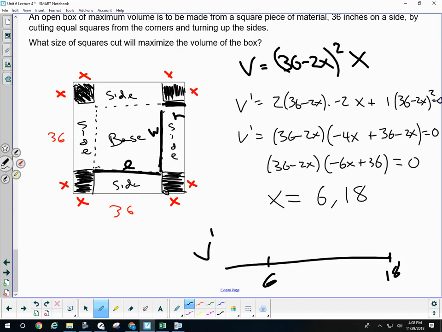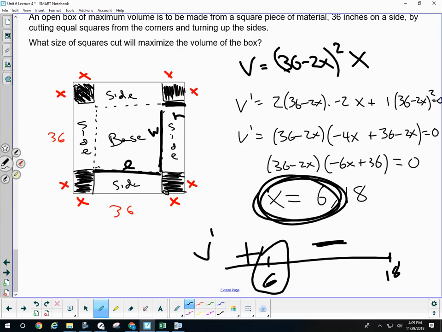If I plugged in something like 1, positive, positive, positive, if I plugged in something like 7, this would be a positive, this would be a negative. So my volume is increasing until I get to 6. My volume decreases until I don't have a box. So this is the size of the squares of the box that I need to cut. All right, good job, guys.